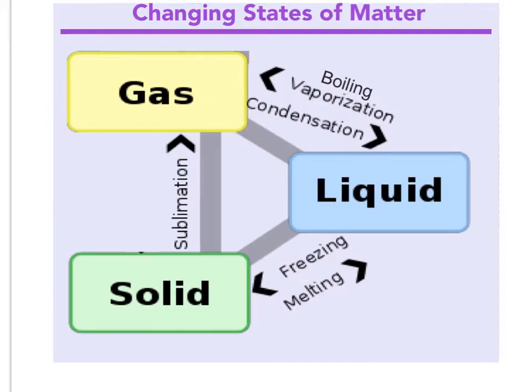Here's a flowchart for the changing states of matter. When we start with a gas and I go immediately to a liquid, that's condensation. The water is condensing onto the windows, or the water is condensing onto the bottle of water.